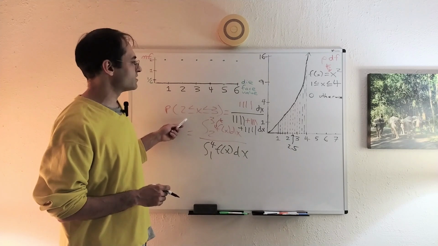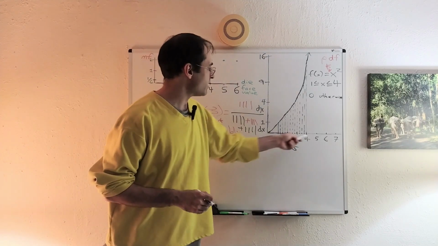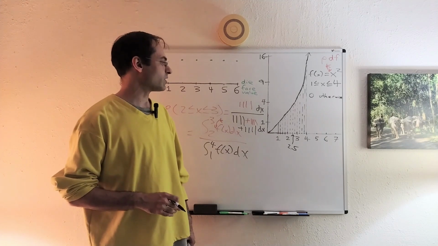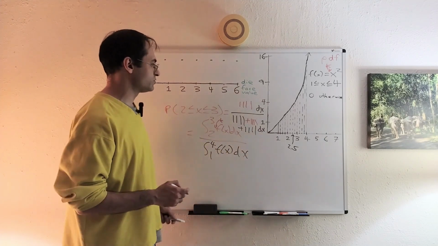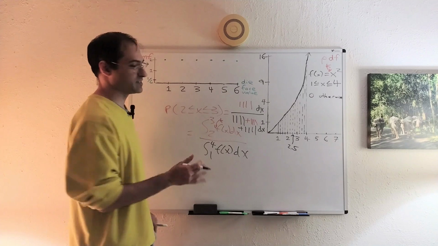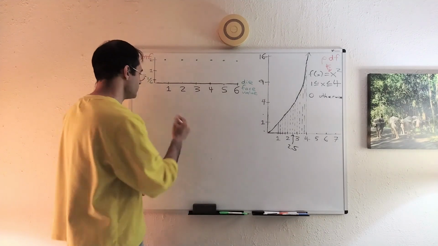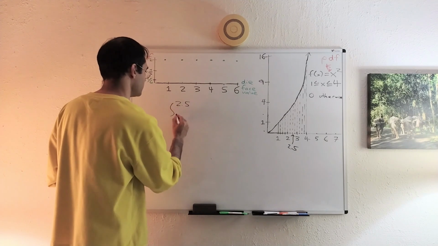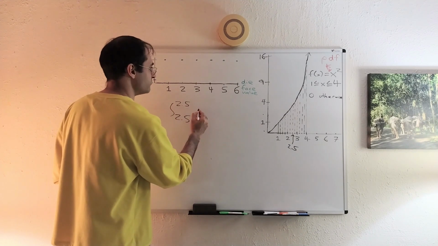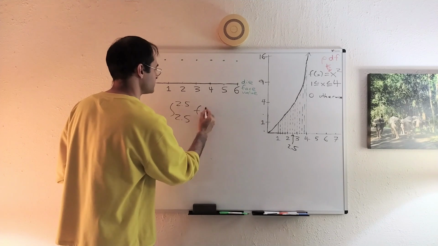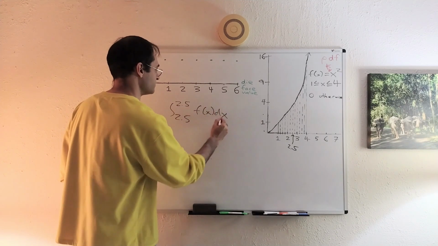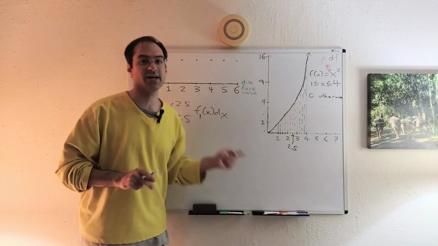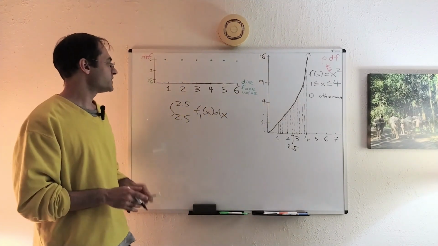Well, if we look back to here, when we integrate over the bounds from 2 to 3, that gives us what we are looking for. So if it's just 2.5 as a singular point, you might say, well, it's just the integral from 2.5 to 2.5 of f of x dx. I'll just call this f1 of x because it's not the same as this. I'm treating this f1 of x as a true density. So what is that going to be?